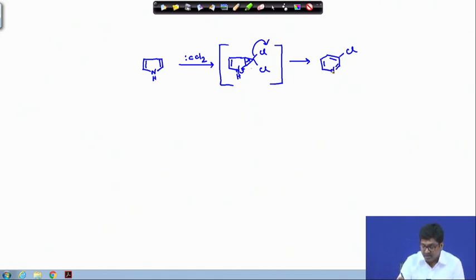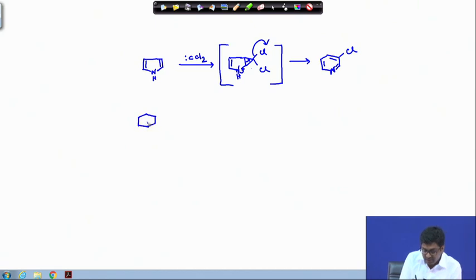So, here from nitrogen containing 5-member ring to another nitrogen containing 6-member ring can be formed by just addition of the carbene moiety.